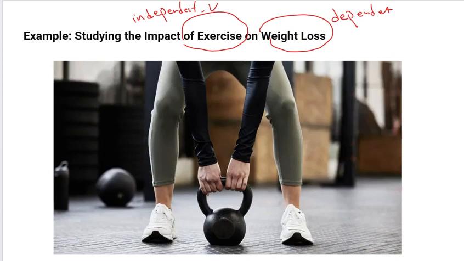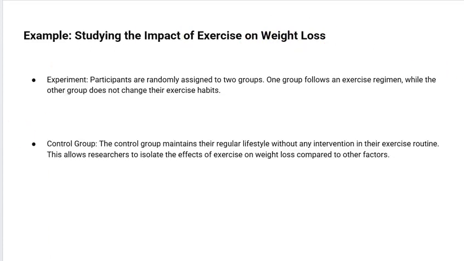To create an experiment with an experimental group and control group, we're going to have two groups. One group follows an exercise regimen, while the other group does not change their exercise habits. They're going to have their regular lifestyle without any intervention in their exercise routine.